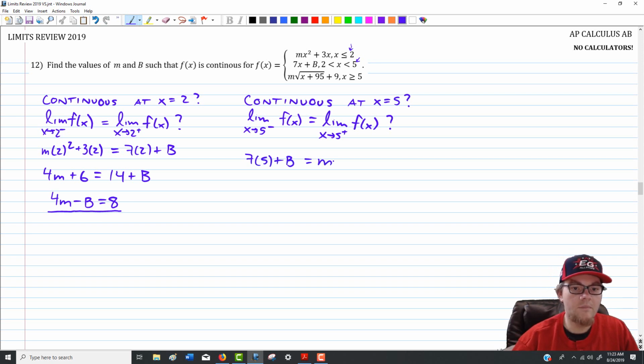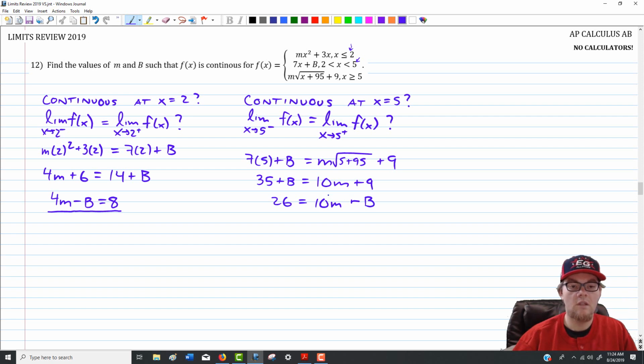On the right side, we'll get m times the square root of 5 plus 95, all plus 9. That's 35 plus b on the left. On the right side, that's root 100 times m, which makes it 10m plus 9. Moving some pieces together, we get 26 equals 10m minus b. Let me make sure that's right. Yes, right. Okay, cool.